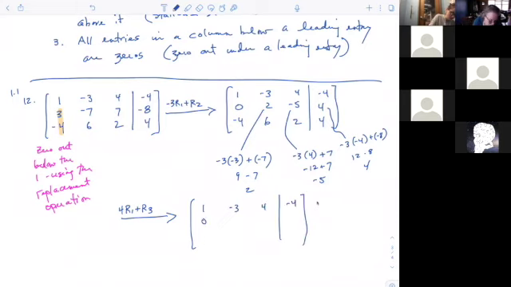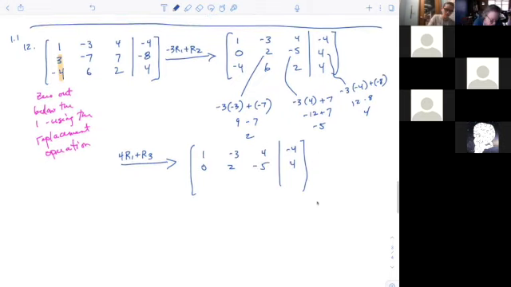And this time row 2 doesn't change. And now row 3, it's going to be what? So I'll write these down again. 4, well, I already figured out that's going to be a 0, right? 4 times -3 plus 6. What's that? -12 plus 6, -6 there. Then 4 times 4 plus 2.